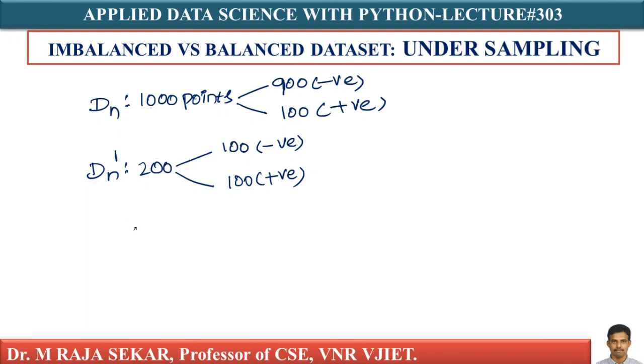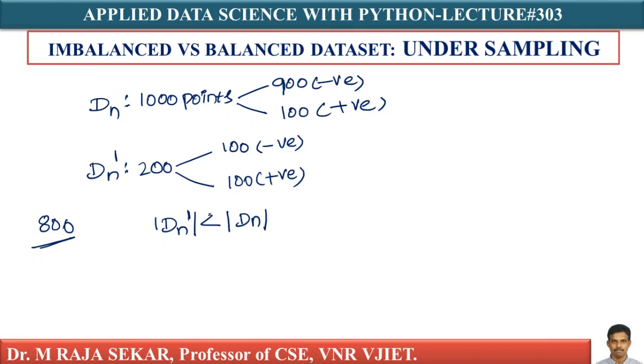I have thrown away 800 points, or am not using 800 points here, and DN dash is smaller. I can say the cardinality of my DN dash, the number of points in DN dash, is smaller than the number of points in DN.